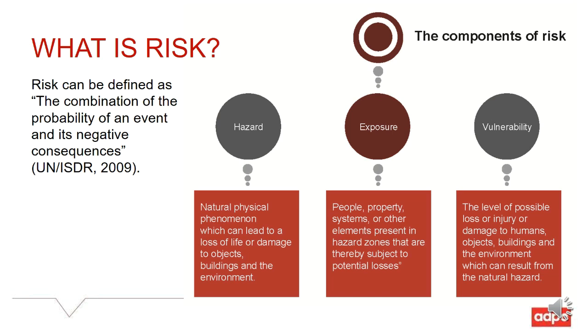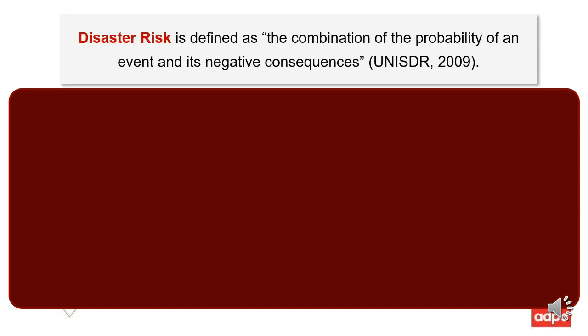Exposure can be people, property, systems, and any other built environment elements present in hazard zones that are thereby subject to potential losses. And vulnerability is the level of possible loss, injury, or damage to humans, objects, buildings, and the environment, which can result from the natural hazard.